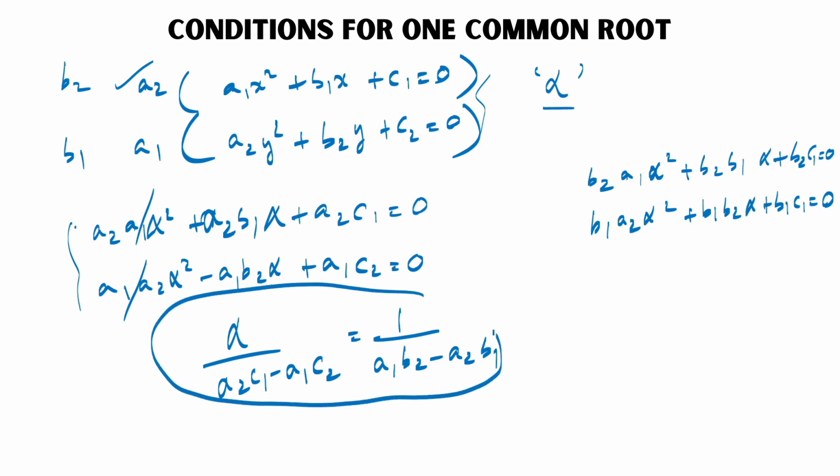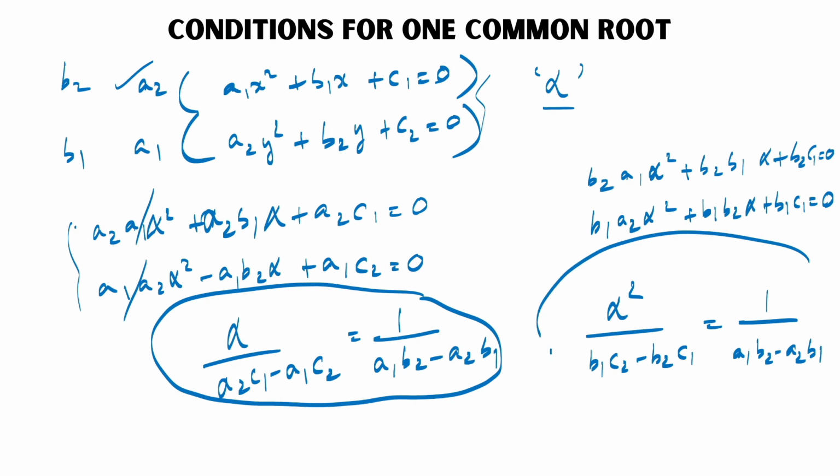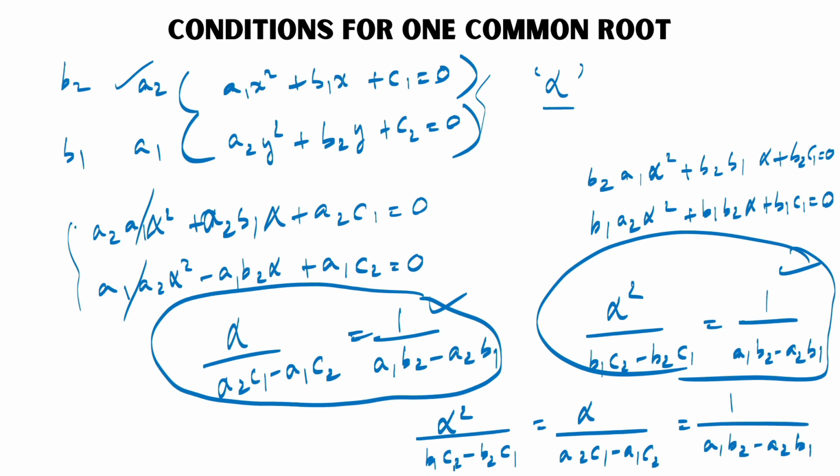Now we can equate, because the RHS part is equal. So alpha squared by b1c2 minus b2c1 is equal to, and we can generalize these equations as this one.